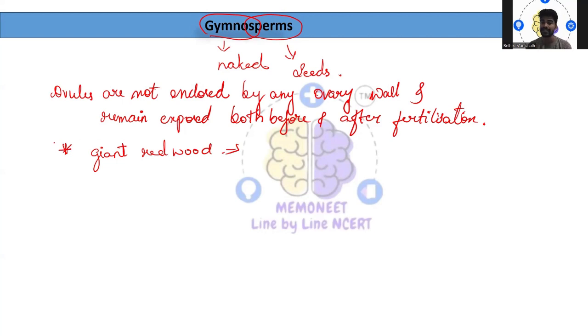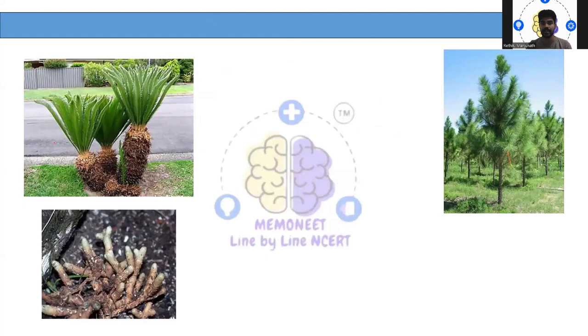And you will see a kind of association here. There are some examples, as you can see in the pictures on the screen. Can you say what this plant is? This plant is Cycas, right?